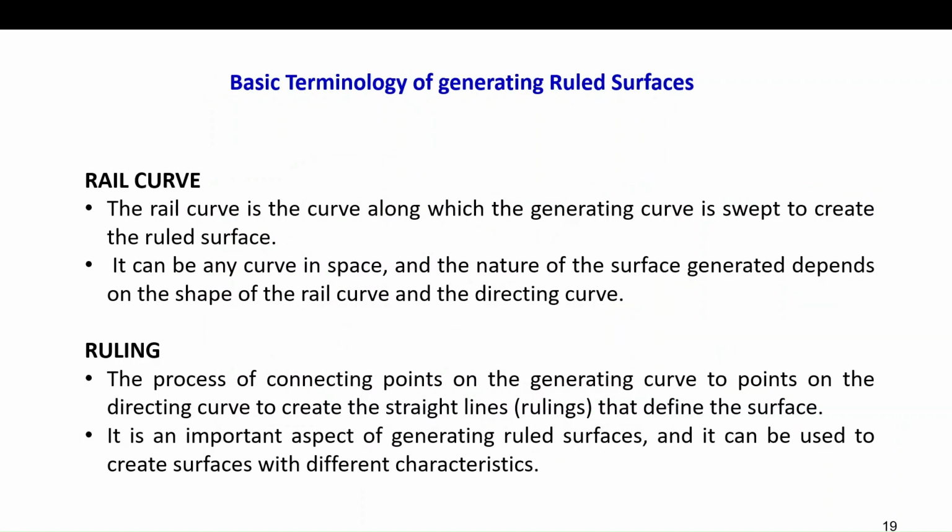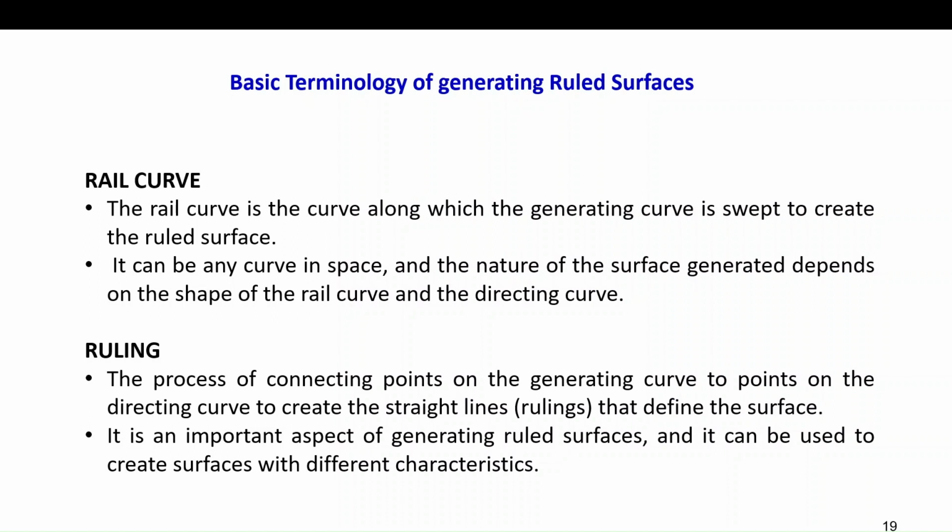And the rail curve is nothing but the generating curve that is swept along. So basically, the nature of the ruled surface depends on the shape of the rail curve as well as the directing curve. And moreover, these curves can be any curves in the space.